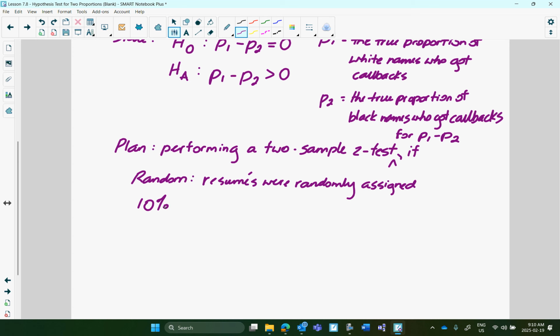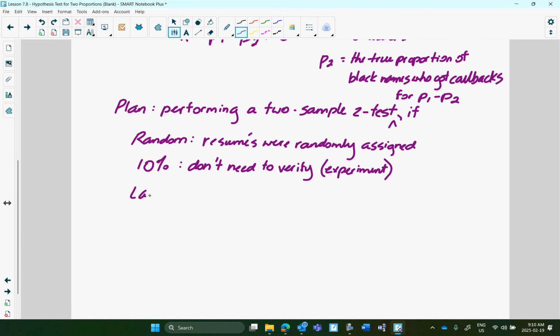Well, normally we take the sample size and see if it's less than 10% of the population. If it's an experiment, we don't need to verify, because it is an experiment. But the large counts, we do have to do some calculation to show that it's a normal distribution, which allows us to do the calculations we're going to do.